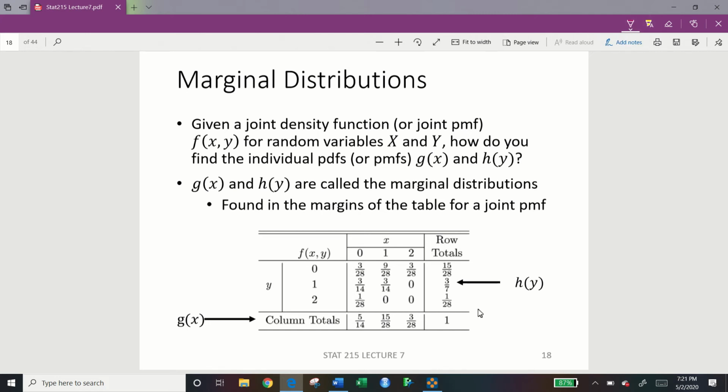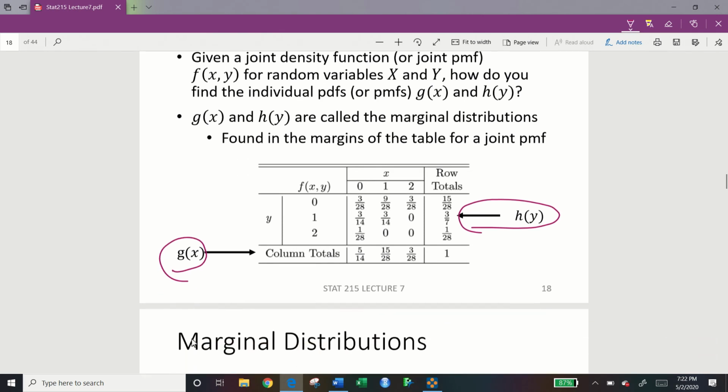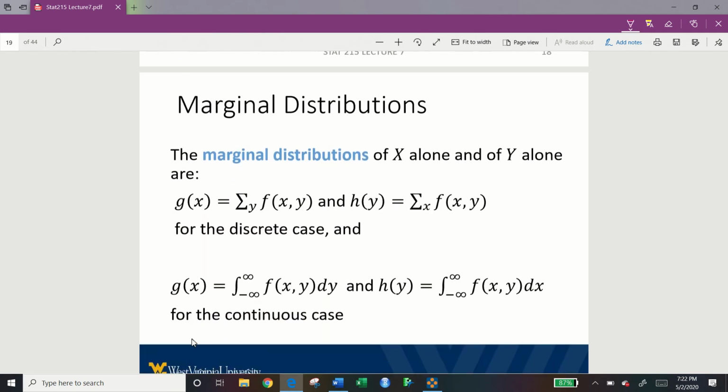I kind of already alluded to this earlier. So, for h of y, it can be found on the row totals. The column totals contain our g of x. Let's properly define it.